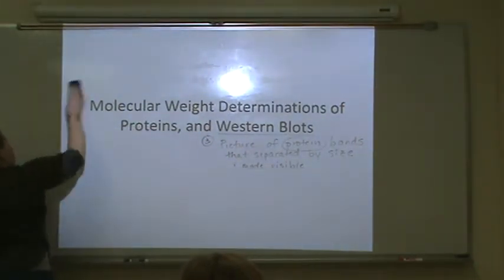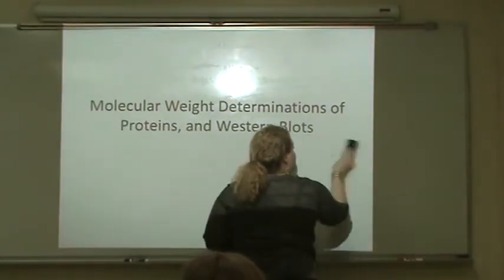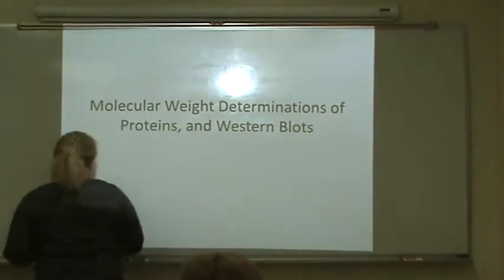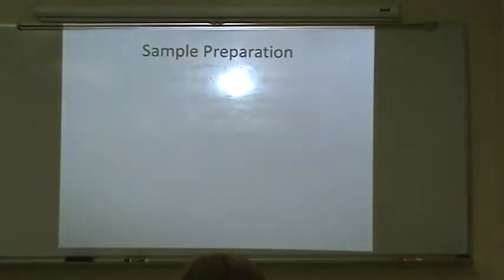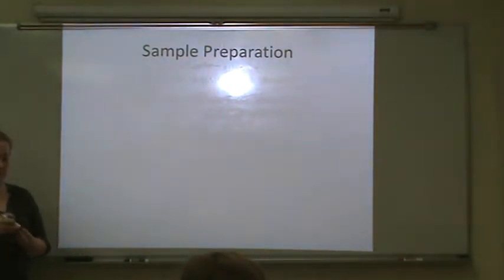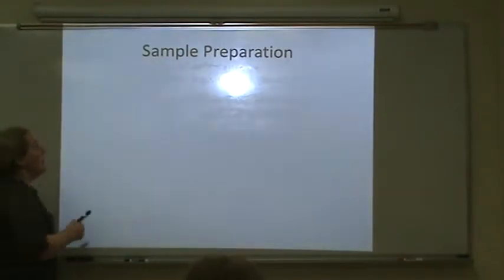Last week in lab, we learned how to determine how much protein is in your sample by spectrophotometry. And that would be an example of a technique that you use before you do a Western blot. So if you want to look at protein sizes and make them visible and see what's happening with your protein, you first will have to do some type of sample preparation.